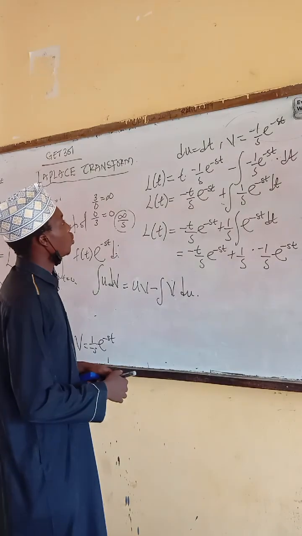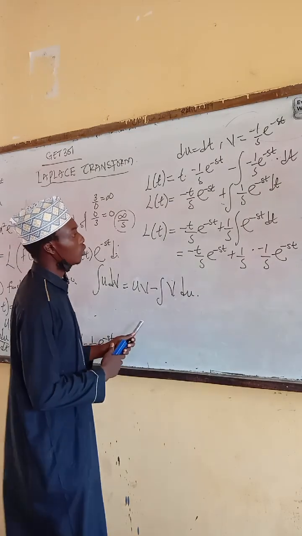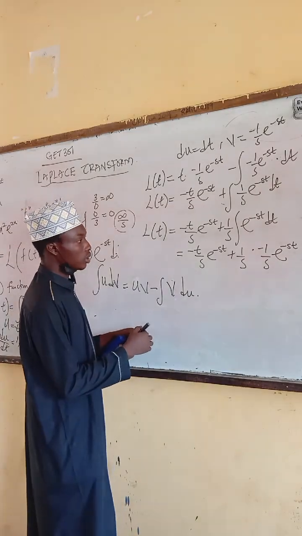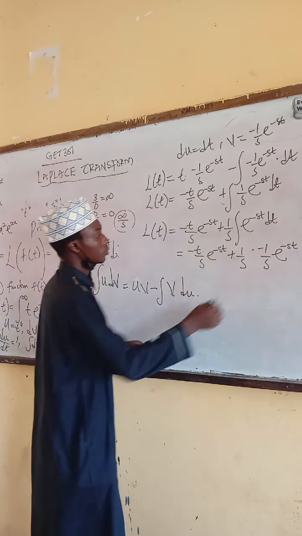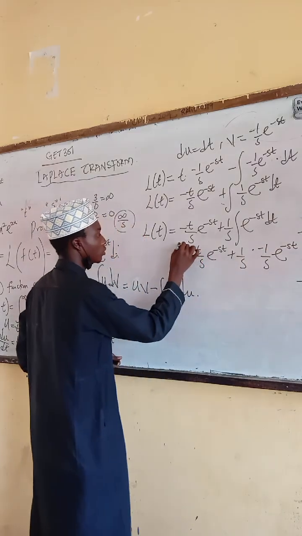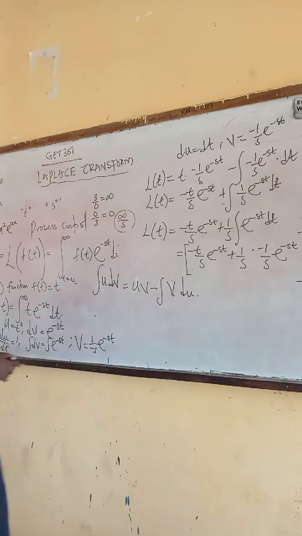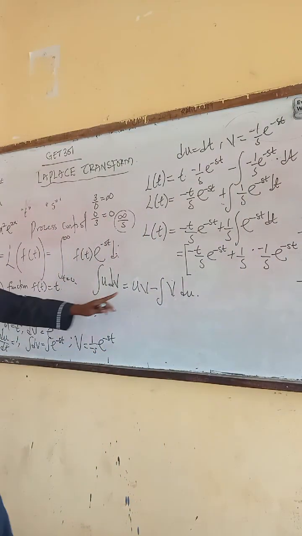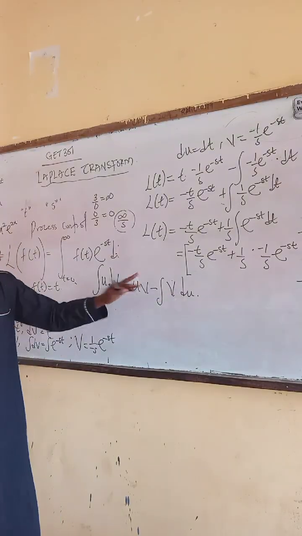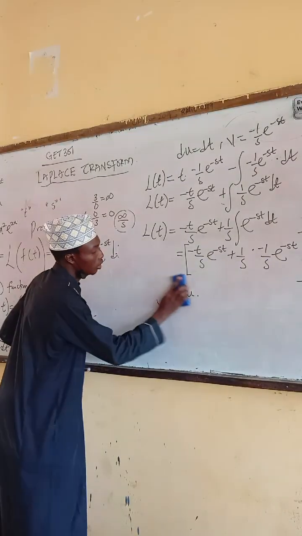We have our limits 0 to infinity, so we are supposed to put them here, in uv minus integral of v du.